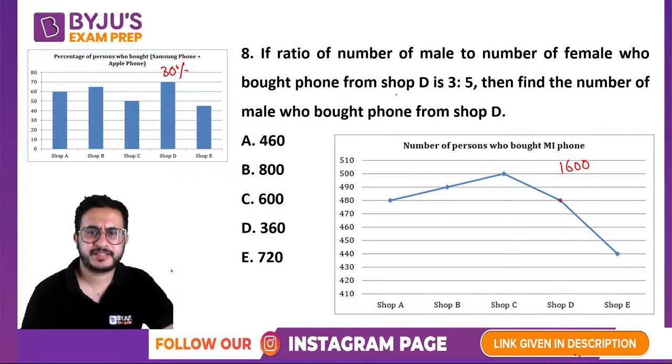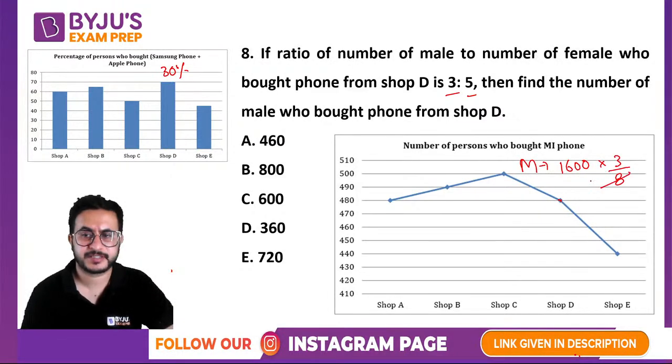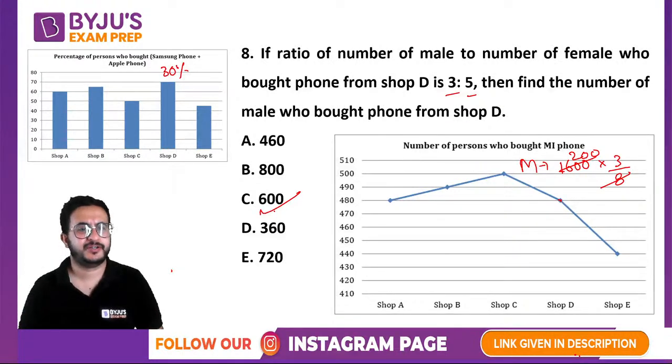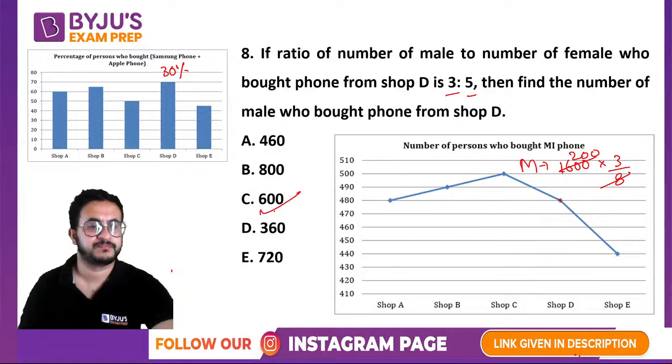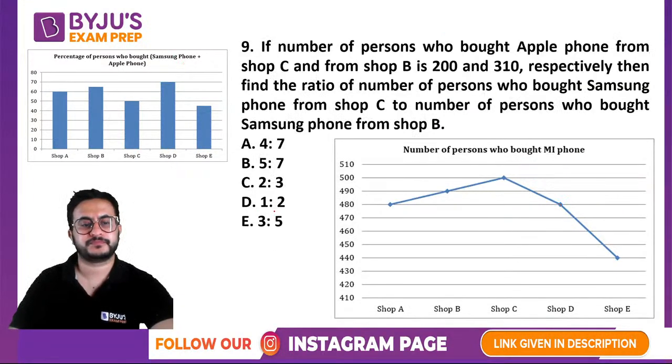It says male to female is 3:5, so male will be 3 parts out of total 8 parts. That is 200 into 3, 600. These are such questions that you can do in your head. You do not need a pen in some of the questions.